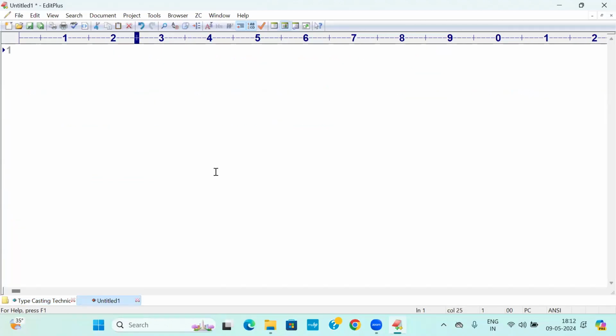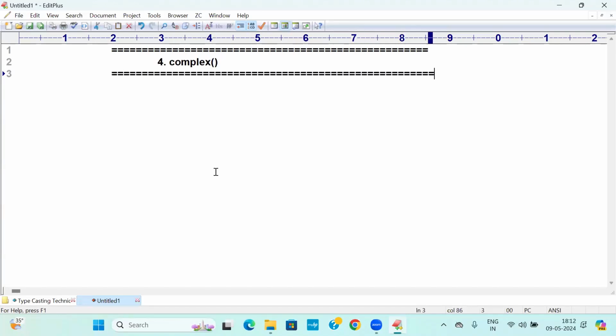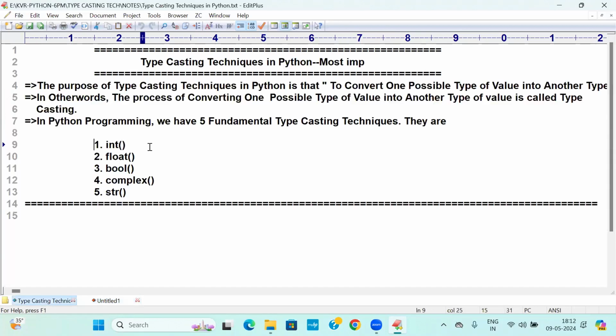So let's start with the complex of, and it's so simple because we already had a discussion related to the previous one. What is the use of complex of, bool of, all these things? Int of will do what, float of will do what, bool of will do what, I just want to discuss.